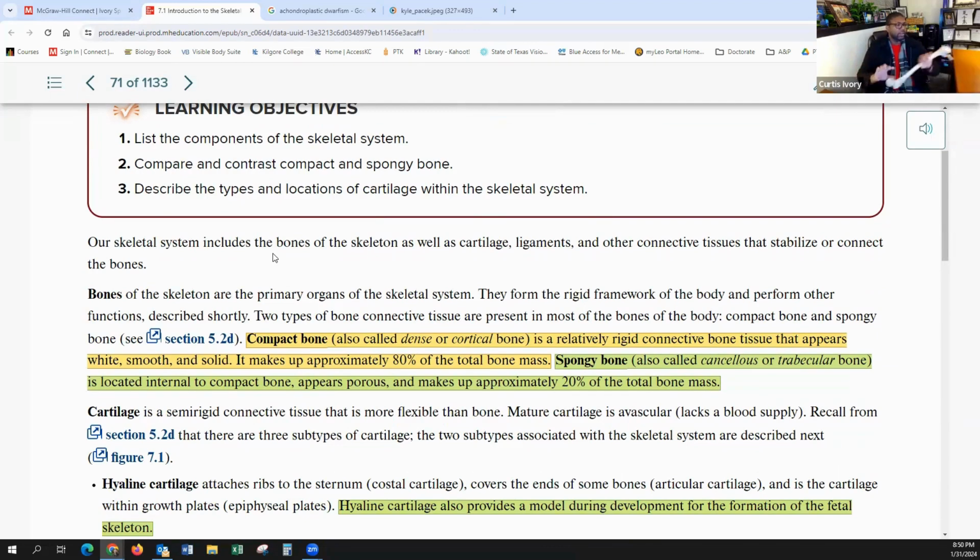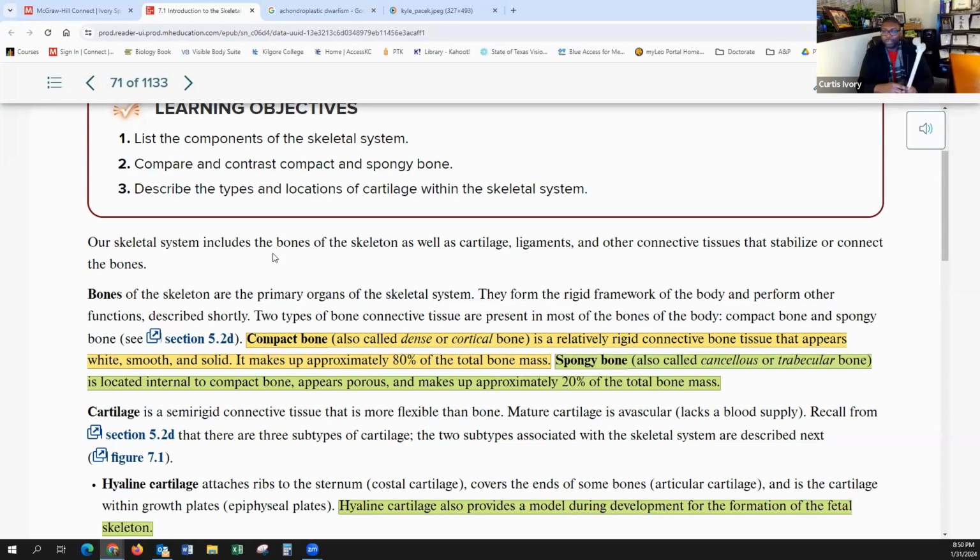So if you take a look here, if my camera will show it, the middle of that bone that you see right here is what we call spongy bone, and it's only spongy because it's porous.